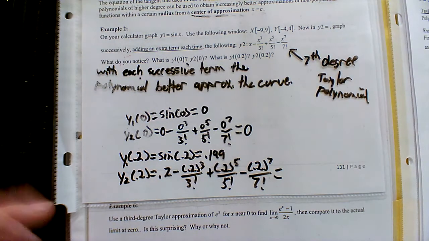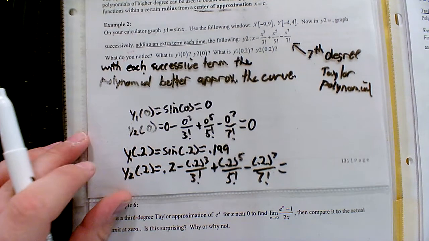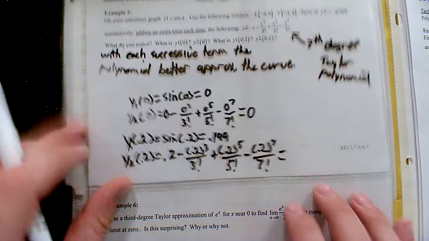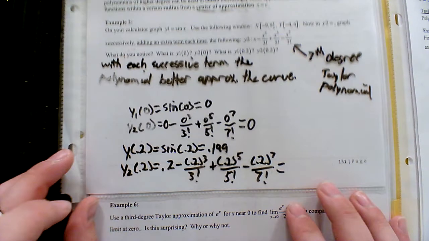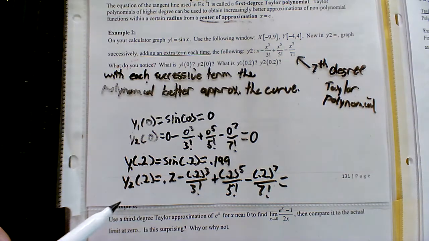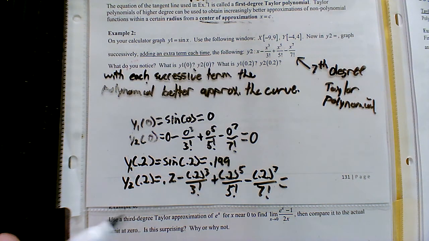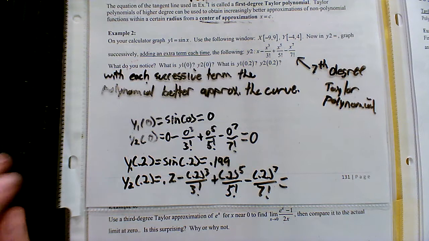And I want to get an answer for this. So you have it in your y2 keys. If you want to use the table feature on your calculator, you could go in and find the value of 0.2, or if you want to actually just type this in and hit enter. But find the value of y2 at 0.2. So either use the table feature and figure it out, or type it in.